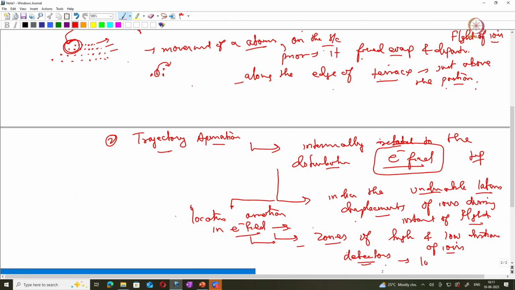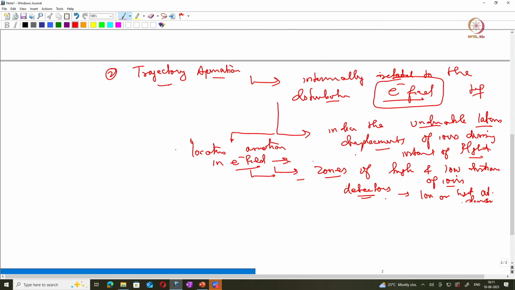So it means low or high atomic densities on the detector. If you have a detector, you may get these zones of high and low regions as zone lines or poles. Okay, so these are all low atomic density regions. This is related to the distribution of electric field in the vicinity of the needle specimen. Usually these are located at poles or zone lines.